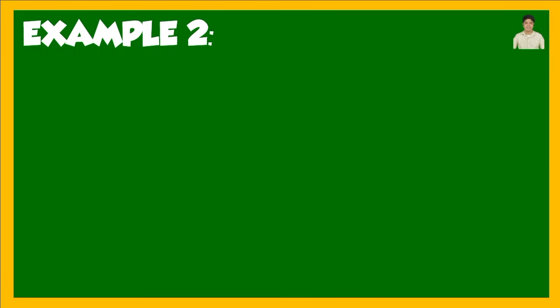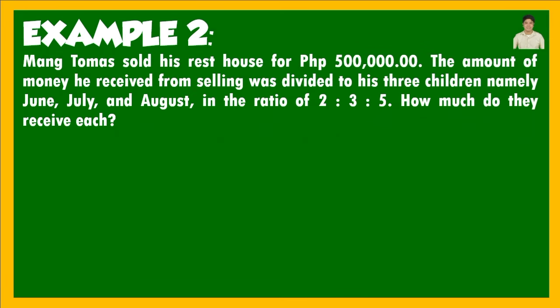So another problem for partitive proportion. Mang Tomas sold his rest house for 500,000 pesos. The amount of money he received from selling was divided to his 3 children, namely June, July, and August in the ratio of 2:3:5. How much do they receive each?